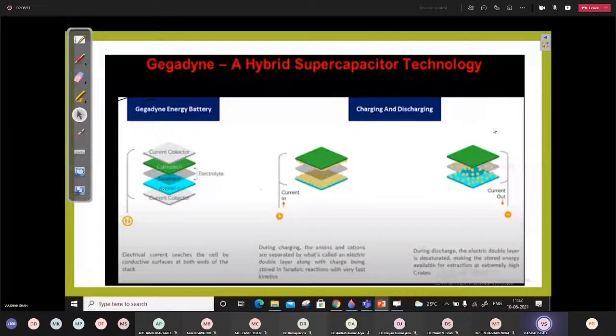When the voltage is minimum, for the same power the supercapacitor has to deliver, the current becomes maximum. And when the voltage is maximum, for the same power delivered, the current becomes minimum. So we are taking the average value of this. C is nothing but the total capacitance, which can be calculated as the capacitance of the individual cell multiplied by NC, the number of capacitors connected in parallel, divided by the number of capacitors connected in series.